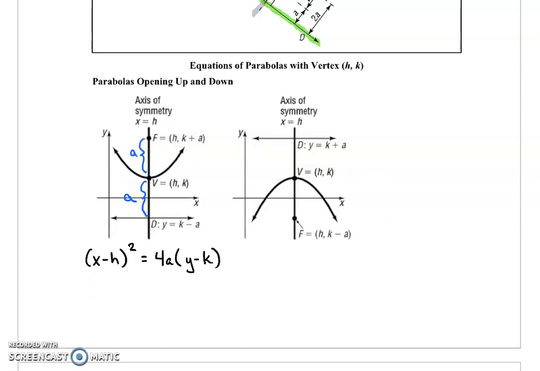For a parabola that opens down, it's almost identical, except for one thing. Instead of a positive 4a, we have a negative 4a.